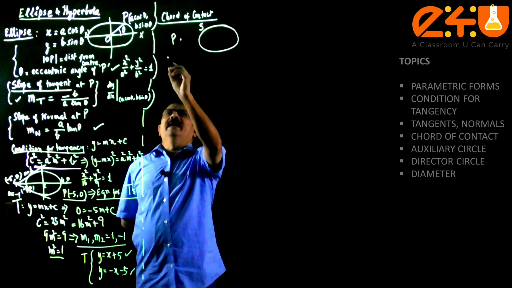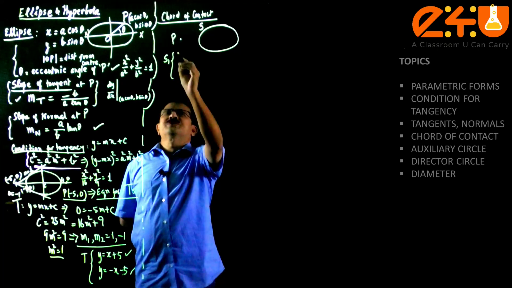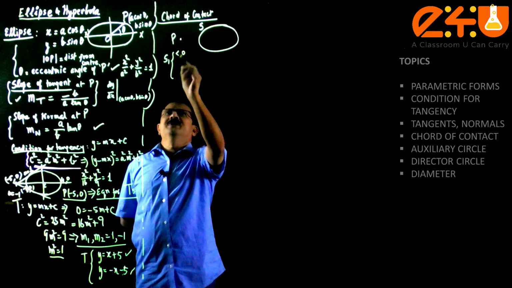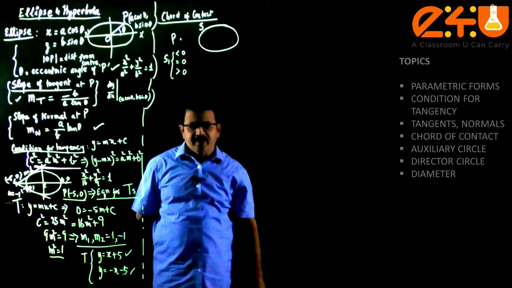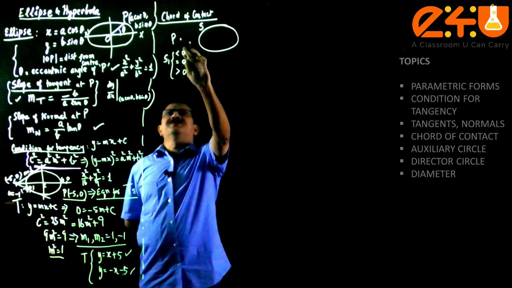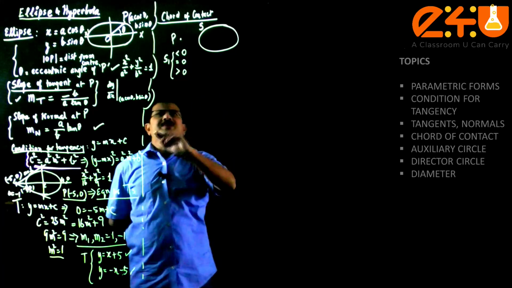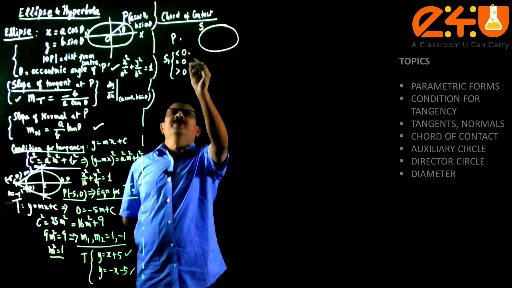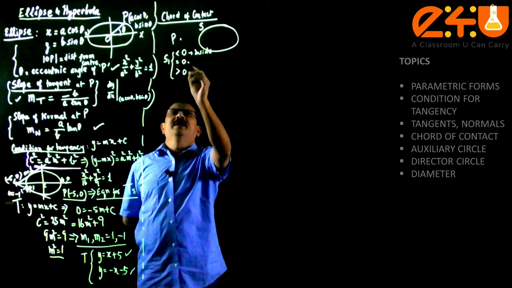So we know the criterion S1: S1 less than 0, equal to 0, greater than 0. These are three criteria by which you can judge. Less than 0 means the point lies inside.